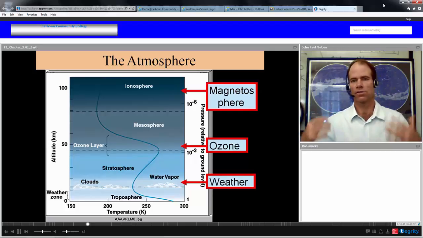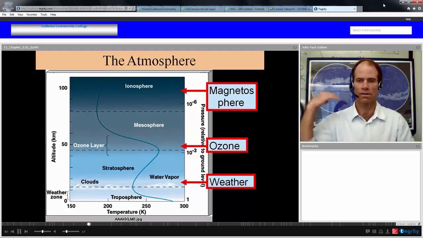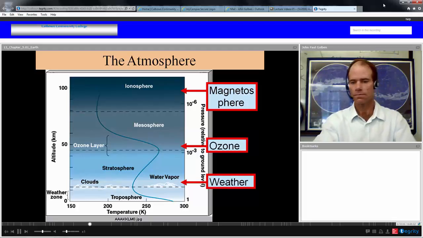So we have these three layers that are absolutely essential to life as we know it on Earth: the magnetosphere, the ozone, and the troposphere containing different gases that hold infrared radiation in. And at the lowest level, right on the surface of the Earth, we have life as we know it.